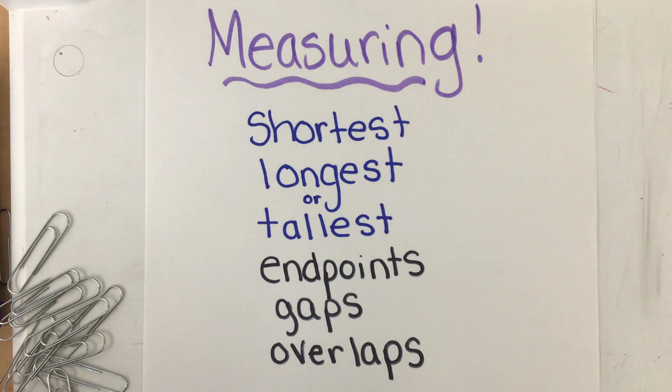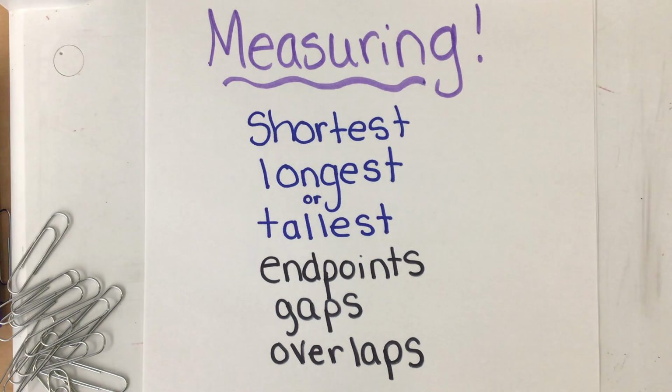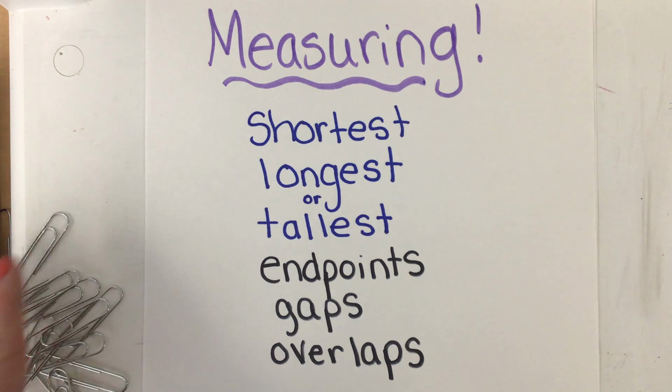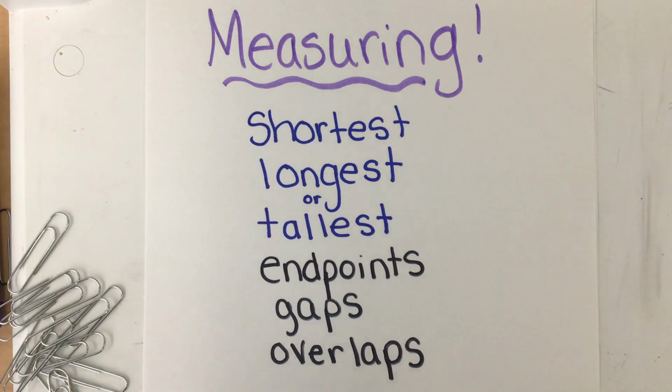Now, if we're talking about how tall we are, we wouldn't say who's the longest. So who would be the tallest out of us three teachers? And if you said Miss Sheila, you are right. So that's where you will see these terms this week when we talk about comparing different objects together.